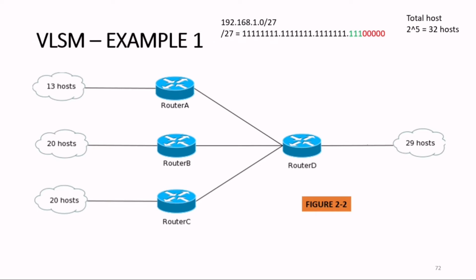In order to assign the IP addresses using VLSM, we first need to identify the largest host requirement in the network.